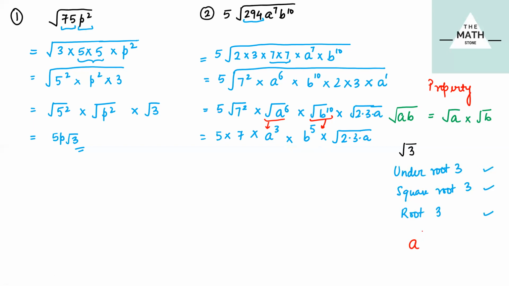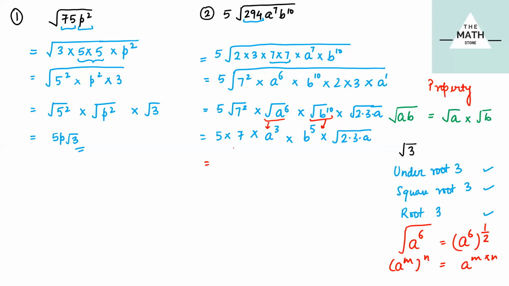So the square root of a raised to 6 is also equal to a raised to 6 to the half power. And now if you apply the power rule, which says a raised to m, raised to n, the exponents get multiplied. So if you multiply 6 and half, you will get 3. Similarly, here we get 10 divided by 2, that's 5.